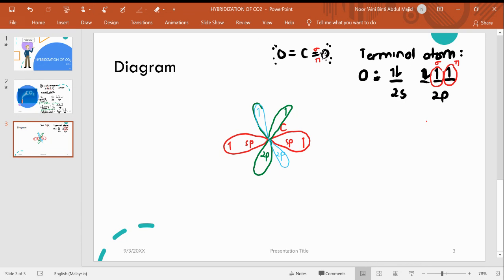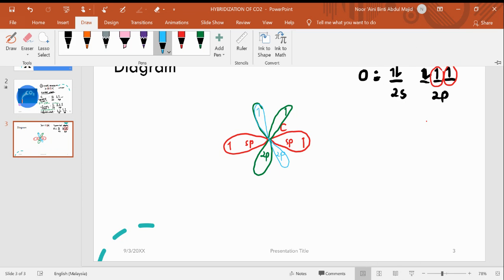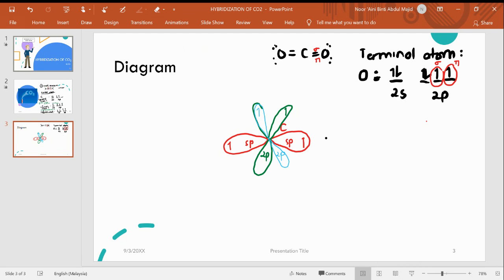Then let's sketch our oxygen. Oxygen forms a sigma bond. This is the oxygen on the right hand side, and it also forms pi. Remember, a pi bond is formed when the orbitals overlap sideways. So I choose to draw one parallel p orbital, this one here.